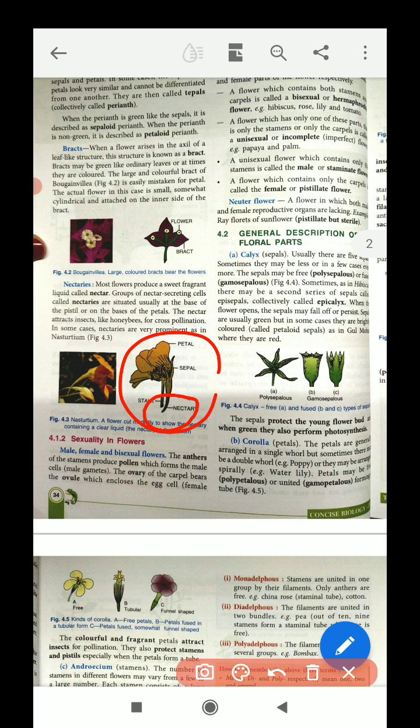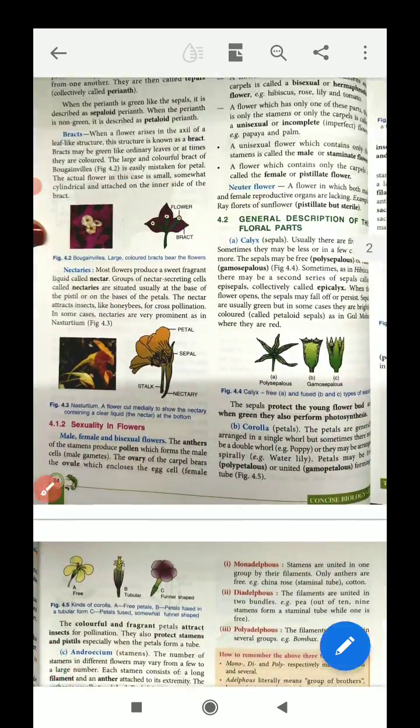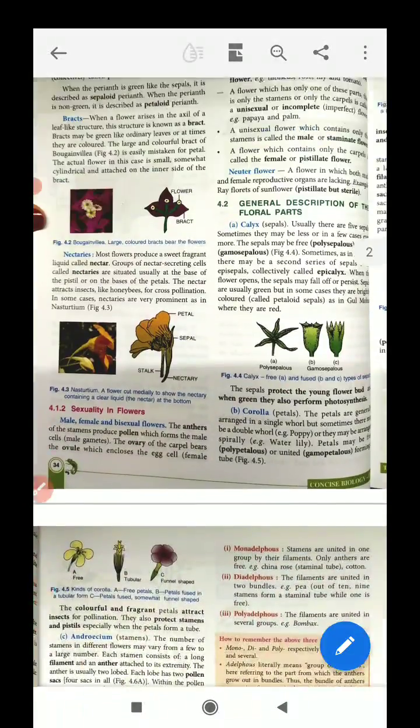The pistil is the female organ, and above there is the stigma. Once again I am showing the picture: this is the pistil, stigma, style, ovary, ovule, and in the below portion the nectary is present. I hope you understand this very easy and small topic.